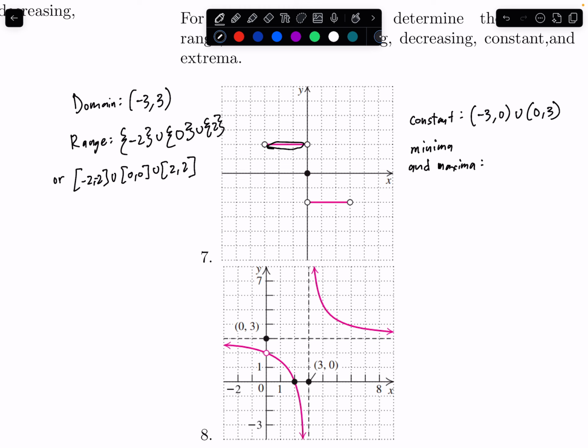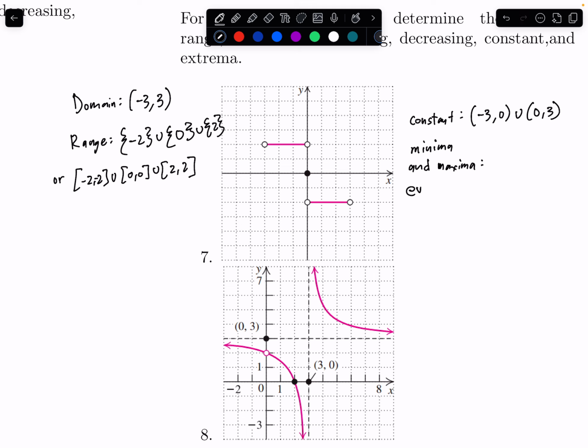Both. It's both. Everything from here to here, those are all minima and maxima. And everything from here to here, also minima and maxima. What about the point in the middle? Well, if I look at the point right at 0, this guy is less than the things to the left of it. It's bigger than the things to the right of it. So that one is not included. The center is not included. So just everything in the open interval to the left and to the right.